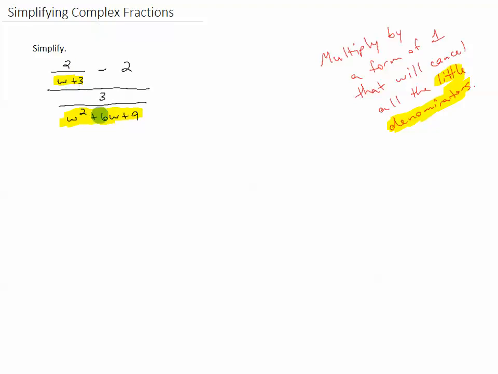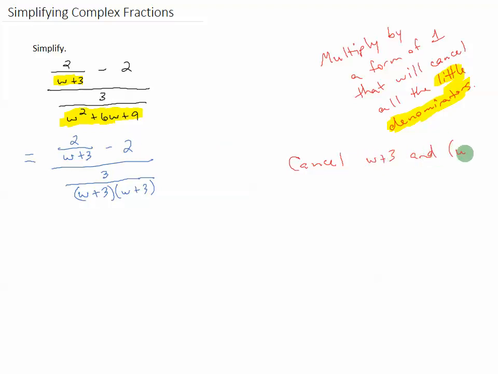Well, in order to figure out what to cancel them, we need to factor them so we can see what we're trying to cancel. Well, w plus 3 does not factor. But w squared plus 6w plus 9 factors as w plus 3 times w plus 3. So now we're trying to cancel w plus 3 and w plus 3, w plus 3.